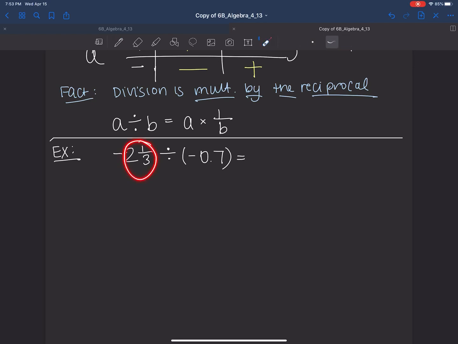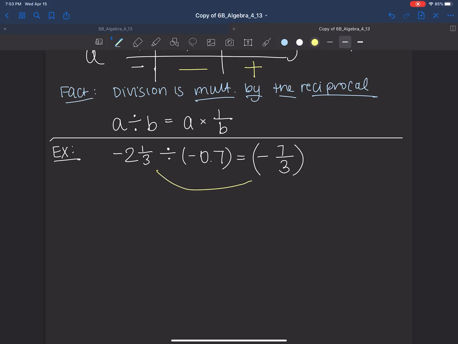This is a mixed number and it's really hard to do multiplication and division with it. This is a decimal, and if the other quantity isn't easily written as a decimal, I'd rather turn it into a fraction. Okay, so -2 1/3, that becomes -7/3.